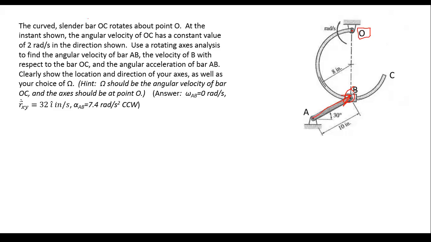Everything else we know. We know the omega of the bar OC. We know that VREL has to be in the direction of B, right? And we know the R from O to B. Does that make sense, Will?